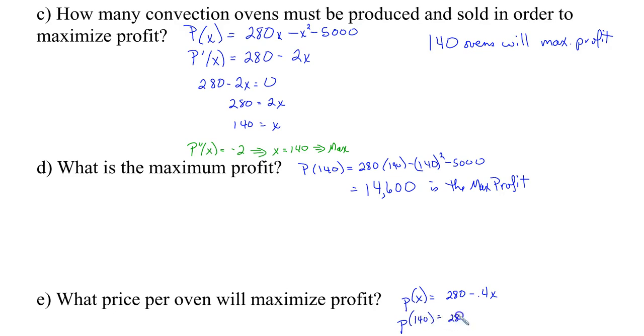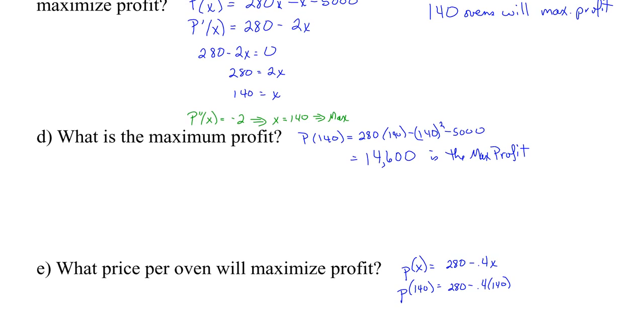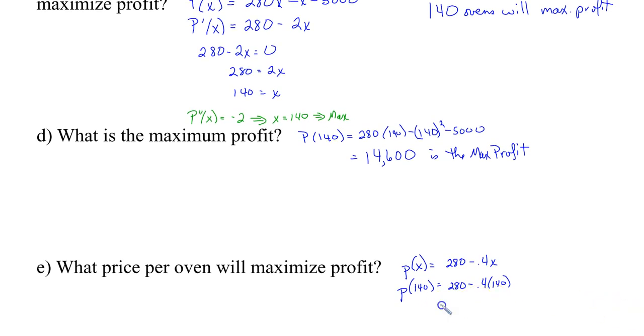So I have 280 minus 0.4 times 140, and I think I need to scroll this down just a little bit so that we can see this. And so we're going to have 280 minus 0.4 times 140, and we're going to get a price of $224.